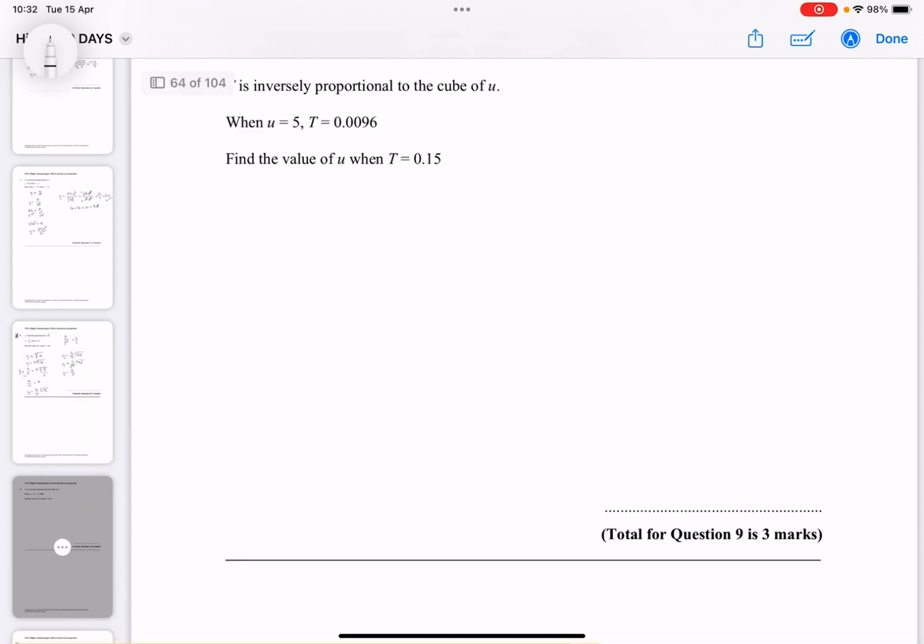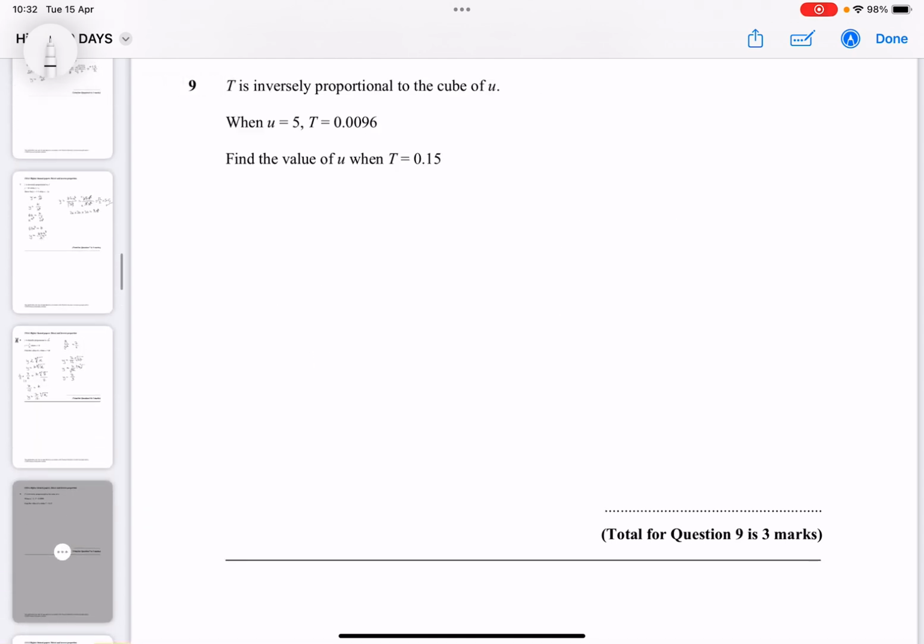And then what we got here, y is inversely proportional to the cube of u, very similar to the last one. 1 over u cubed, t equals k over u cubed. When u equals 5, t equals 0.0096, so 0.0096 equals k over 5 cubed.